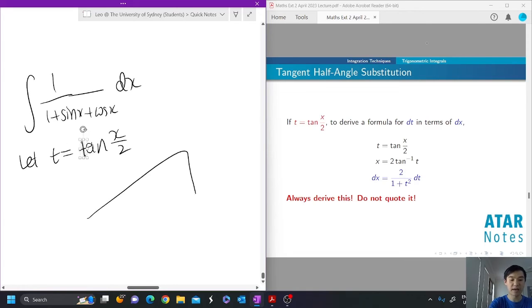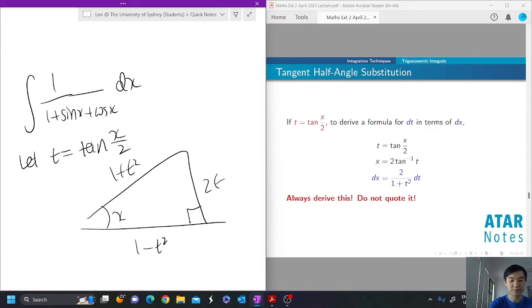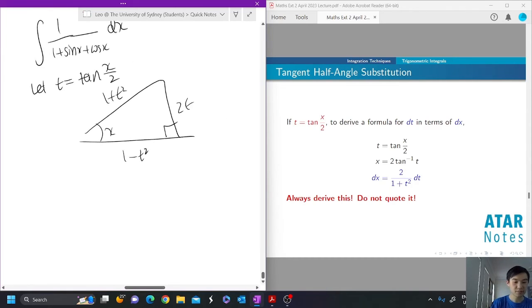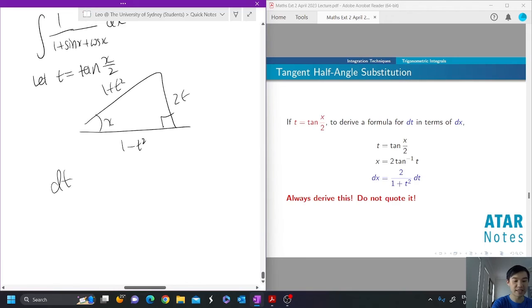And remember that it comes from this triangle that we could draw. So when we differentiate t with respect to x, we get sec squared x over 2 times 2, which is going to be times half, because of the chain rule. So that's going to be half.